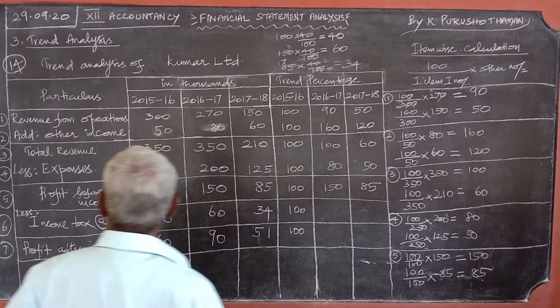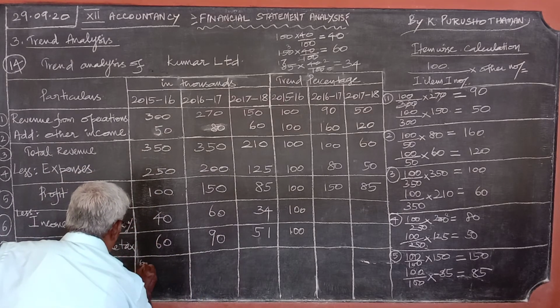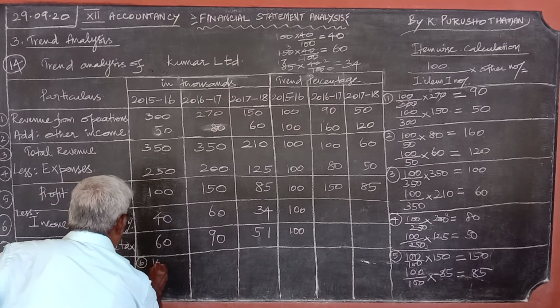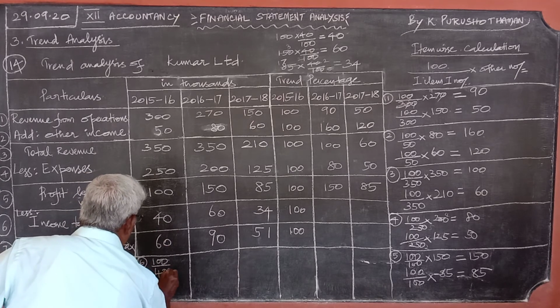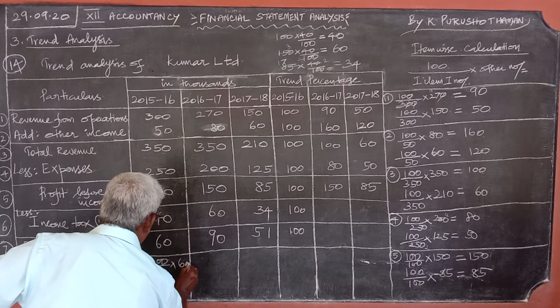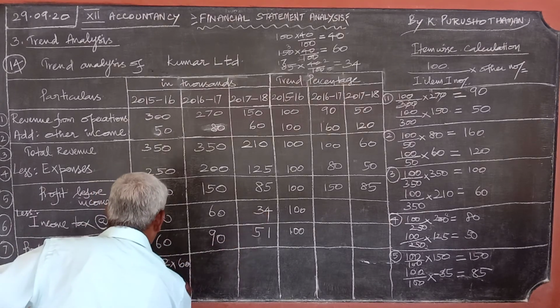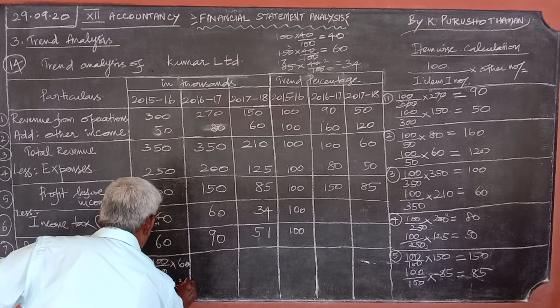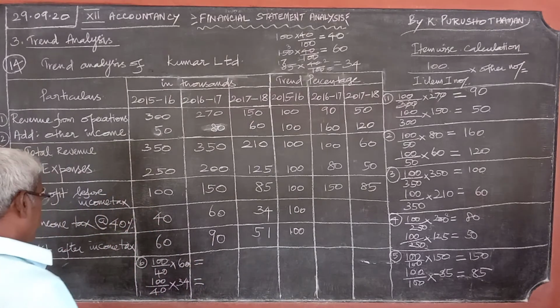Then point number 6. 100 by this 40 into the second number 60. 100 by 40 into the third number 34. Now we should calculate and write the percentage.